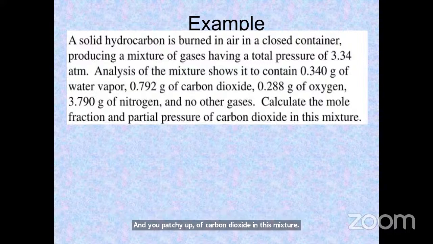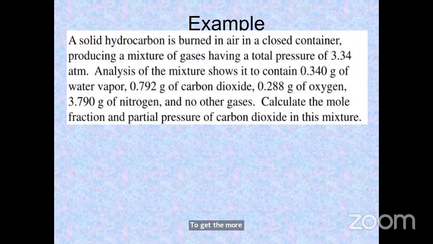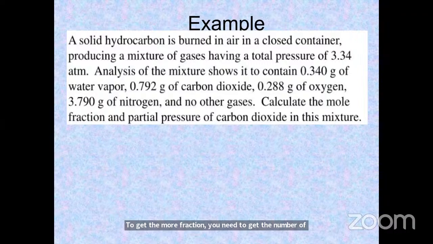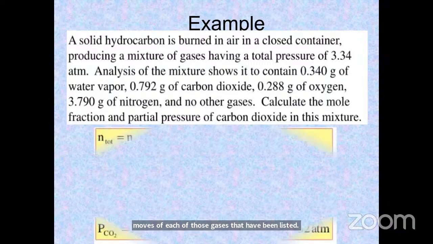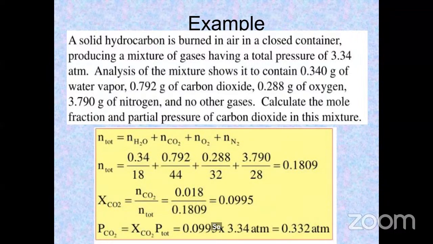So just like we did in the previous one, to get the mole fraction, we will need to get the number of moles of each of those gases that have been listed. So the total number of moles will be the sum of the individual moles of the gases.